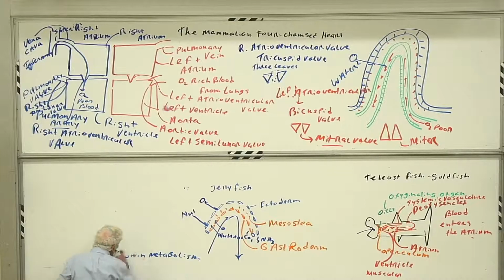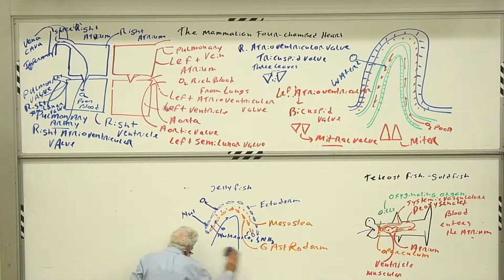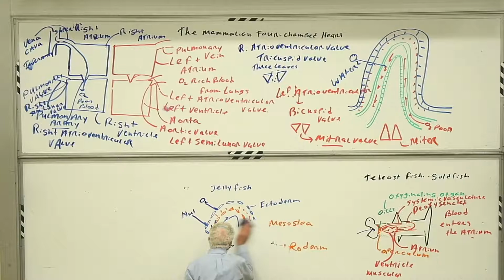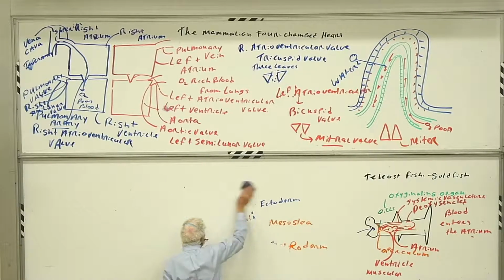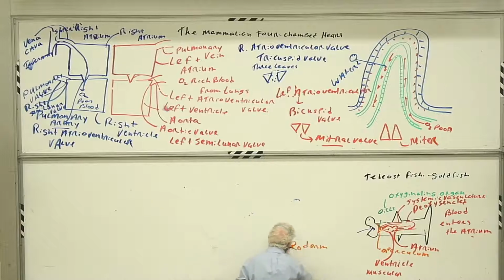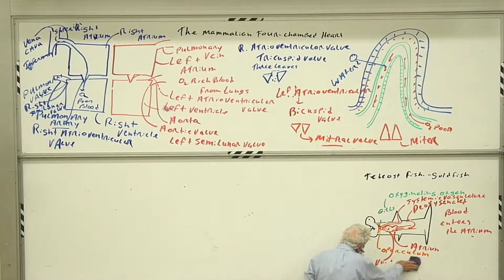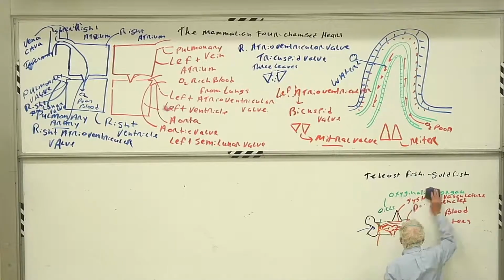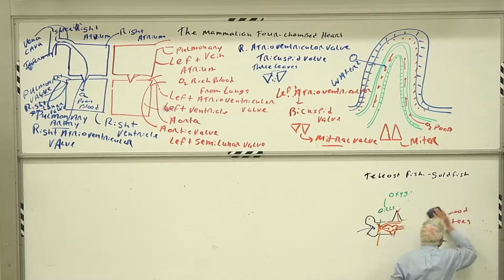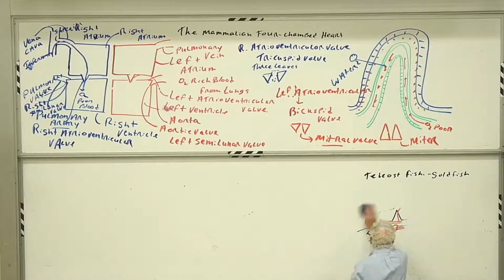And we'll begin to see not only where the valves are and where the chambers are, but also the idea that all of these chambers are surrounded by a muscular wall. Now, it's true that the muscular wall on the ventricular side is much, much thicker than the ones for the atria. But still, there are these muscular walls.